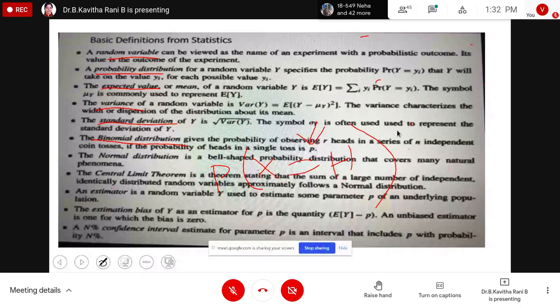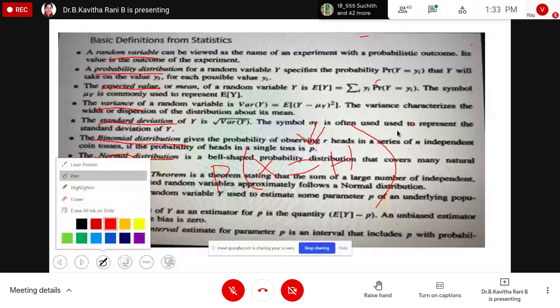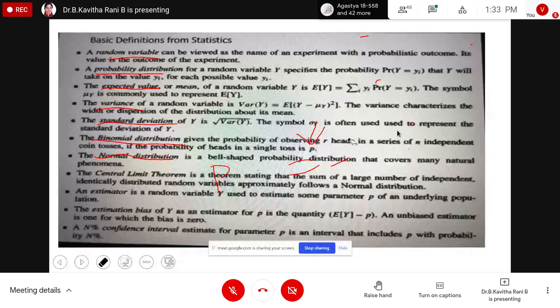Okay, next is normal distribution. If you take the weights of students in a class, a small number of students will have less weight, and some students will have more weight.